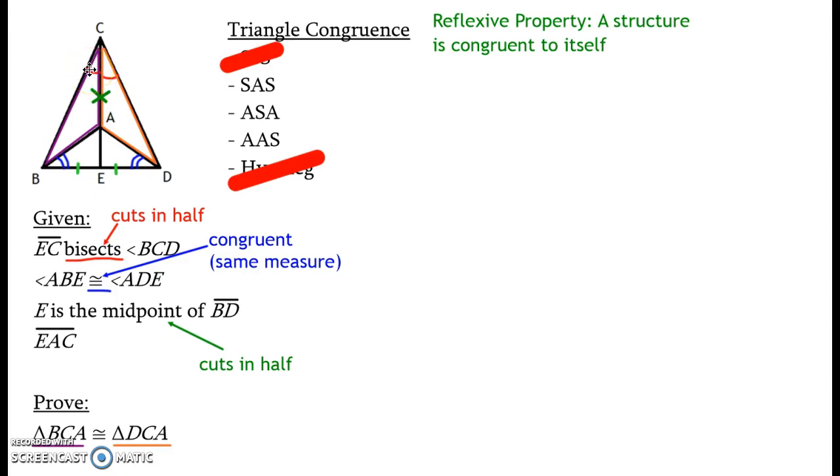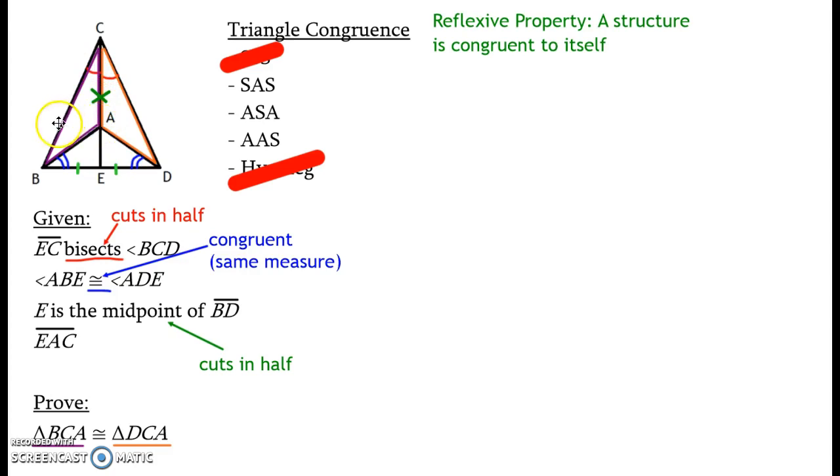Now, the easiest thing to do, which we have to figure out, is whether to find BC is congruent to CD, which would give us side, angle, side. Or we could try to figure out whether angle CAB is congruent to angle CAD. That would give us angle, side, angle.